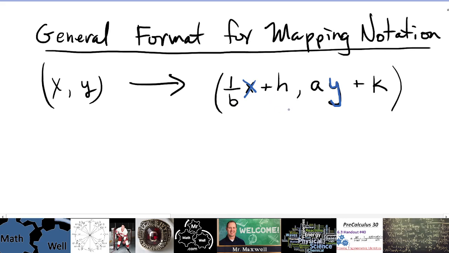That gives your new x value. And the y value, you multiply the original y value times a, and then you add k to that. And that's how you get your corresponding point. So that should work for any point on the above graph here. We just did that one example. Okay, any questions there so far?